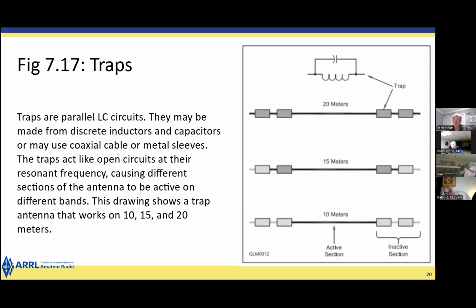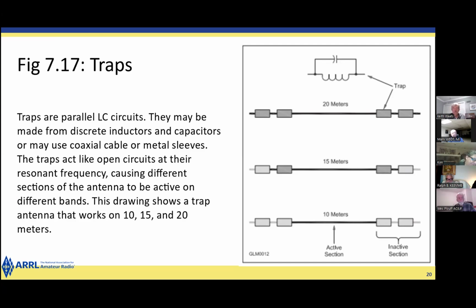What are the disadvantages of it? You're tuning it all the time. It has a very narrow bandwidth.